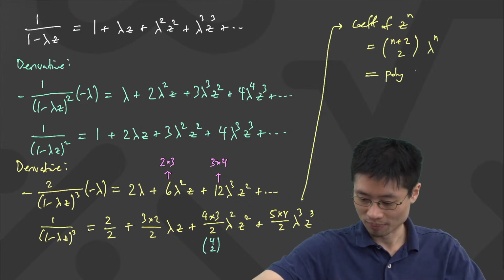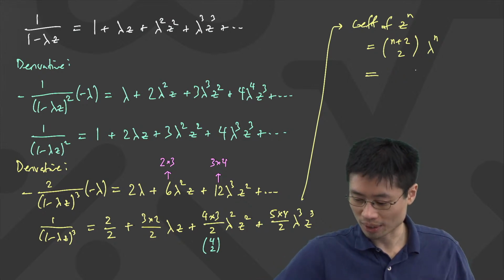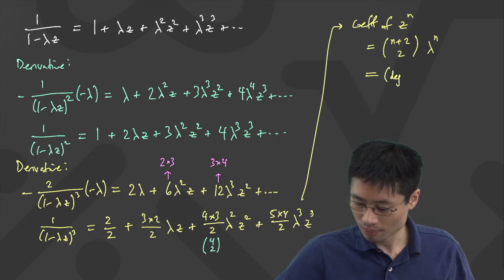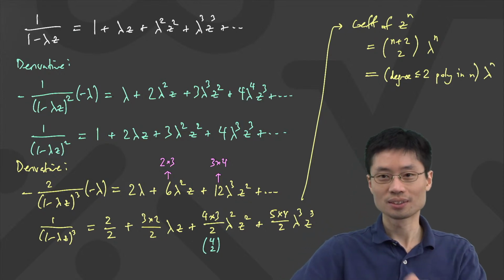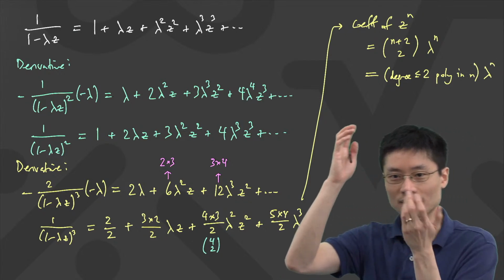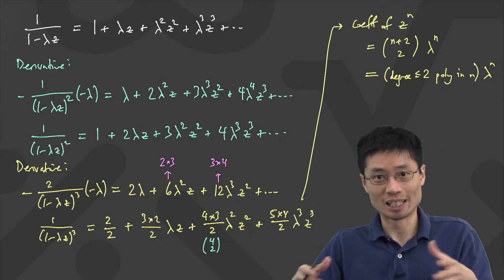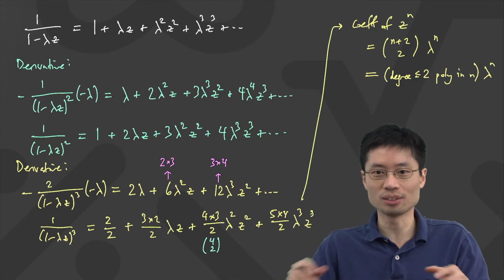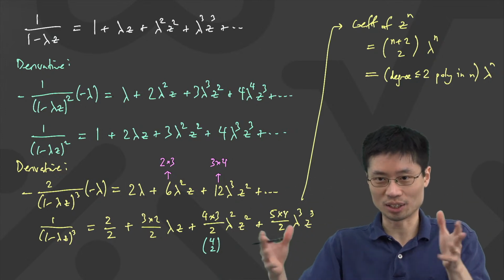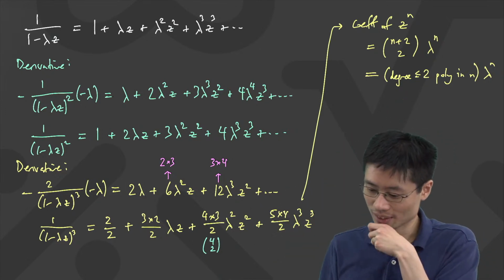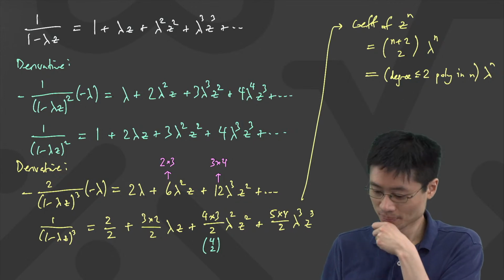Let me write this way: it's a degree less than or equal to 2 polynomial in n times lambda to the power n. Are people okay with that? Because if I wanted to expand n plus 2 choose 2, we've seen it: n plus 2 times n plus 1 divided by 2, and you get a degree 2 polynomial in n times lambda to the n.